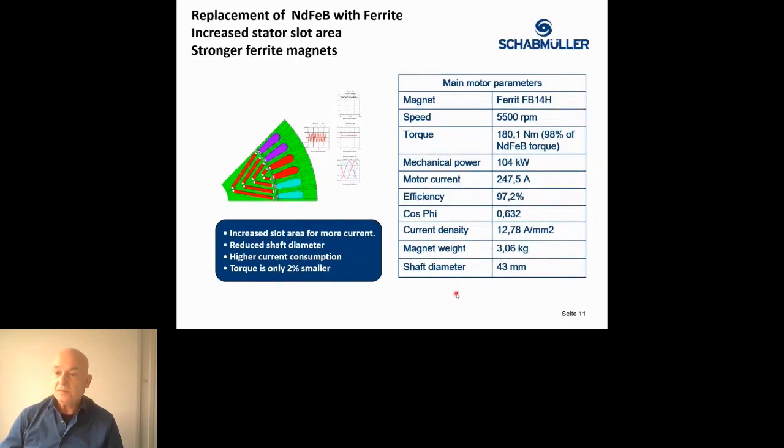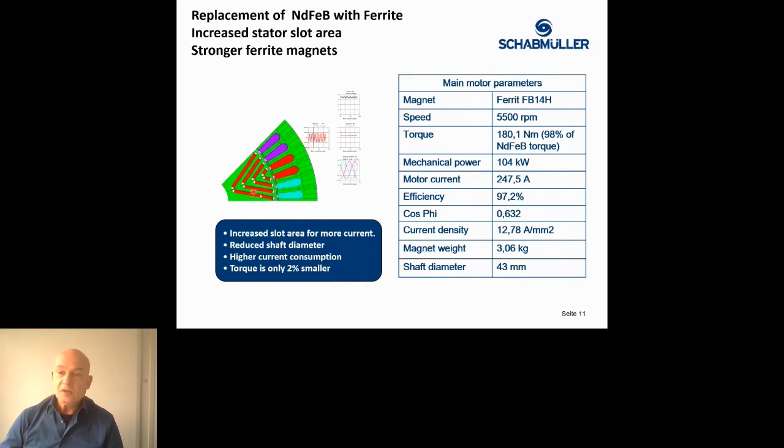And here in the next step, again, a further increase of the slot. We are now back to about 98% of the original torque. Doing this with higher current, efficiency is still fine. So this is just showing that it is possible to supersede the rare earth magnet material with the ferrite material, but it's not so easy.